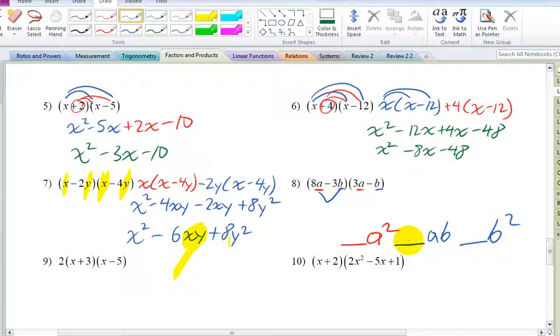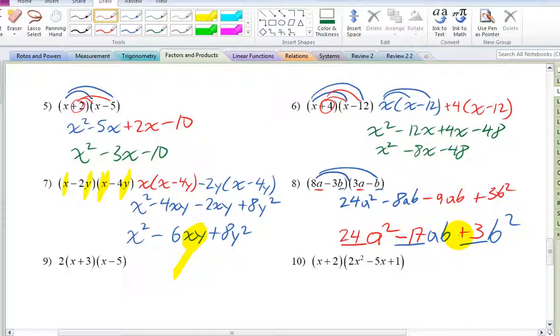Go ahead and complete 8 now. Go. It's just going to be like number 7, just different letters. Okay, how many people got this answer? 24 squared?